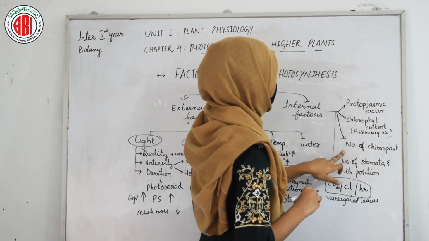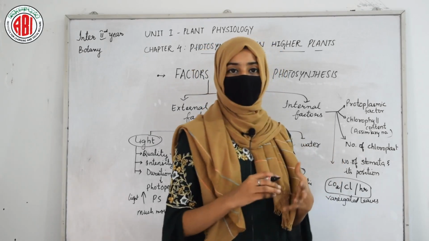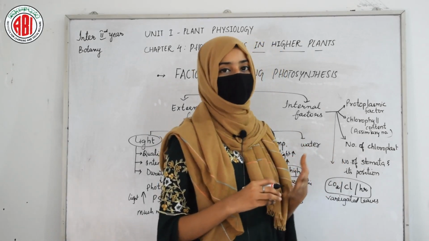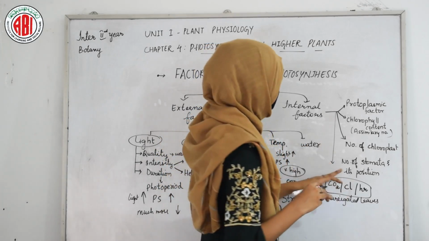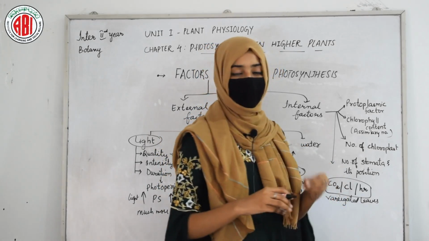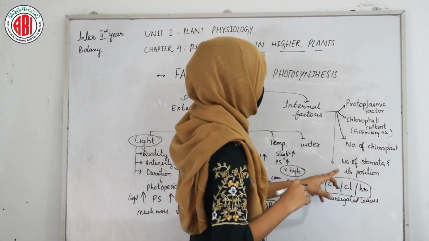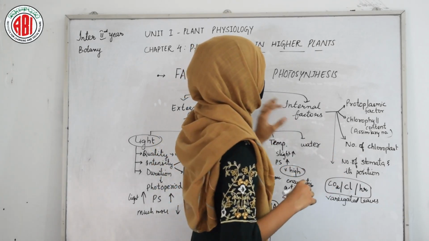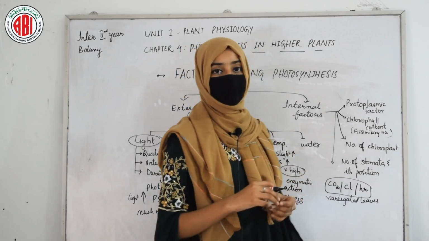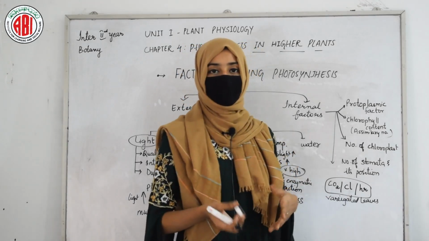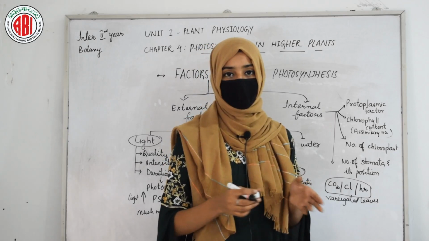The next one is the number of chloroplasts. If the number of chloroplasts is more, then the rate of photosynthesis will be high. Even if the number of stomata is more, the rate of photosynthesis will be high, and the position of the stomata will also be a factor that affects the rate of photosynthesis, whether the stomata are present on the upper epidermis or on the lower epidermis.